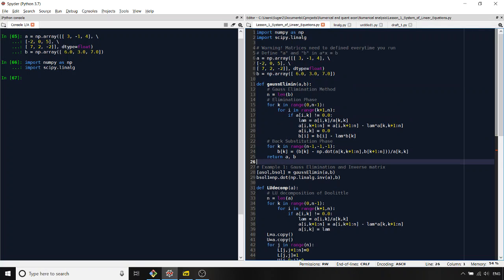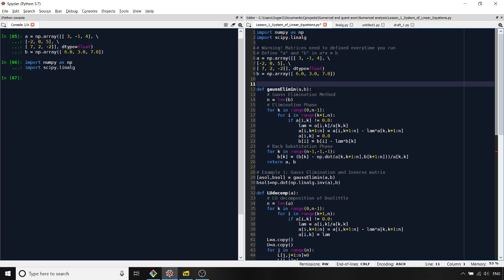So first we will talk about the Gauss elimination method. As all of you may know, there is a matrix system which has the shape like this. So this is a matrix system.